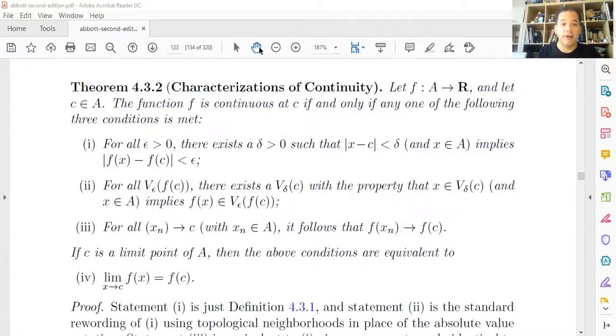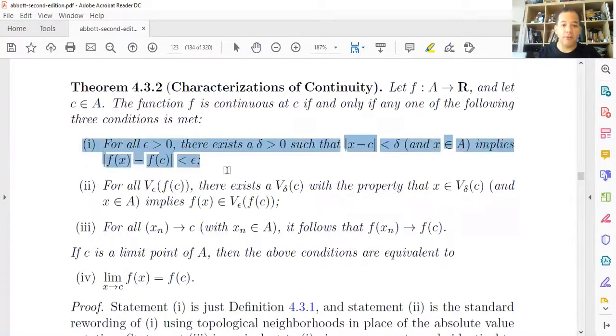And we have different possible choices here. In one of them, we have the traditional one, number one. For every epsilon, there is some delta, such that if your value x is delta close to c, then your value f of x is epsilon close to f of c.